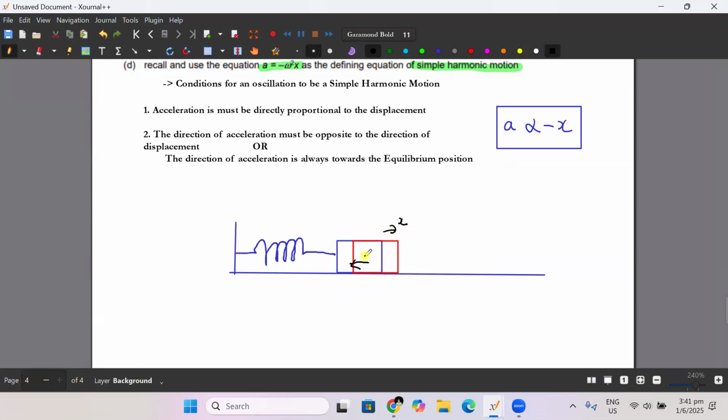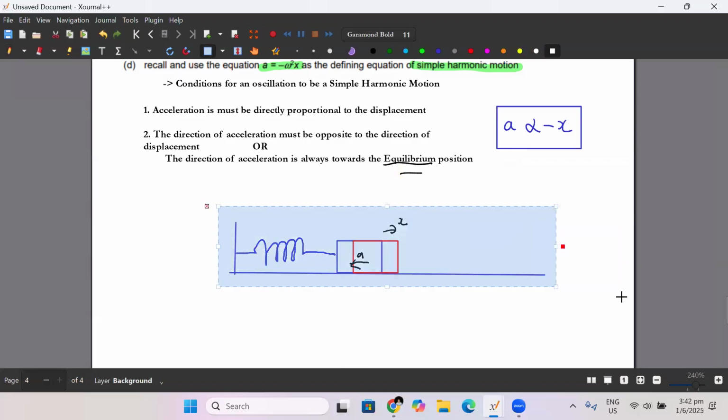The acceleration is always towards the original position, the equilibrium position. Okay? So if a and x are in opposite directions, you will always get the object going back to the center, to the equilibrium position. Okay, so this is super crucial that you must remember.